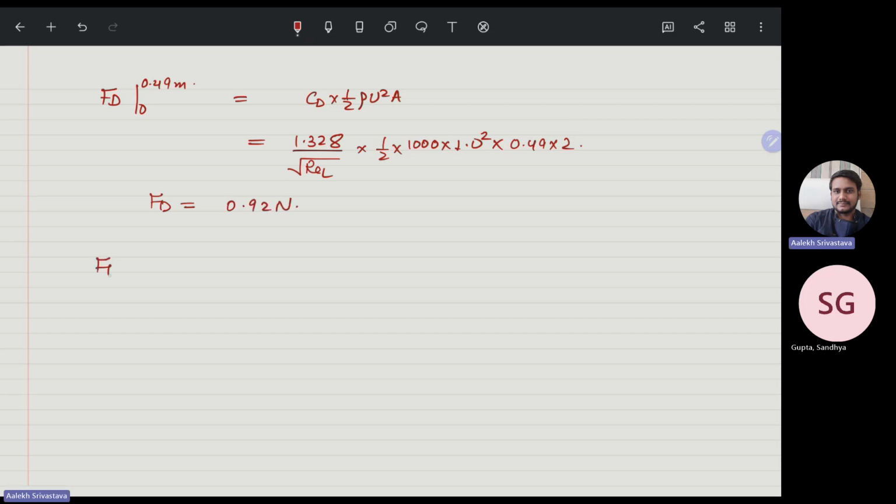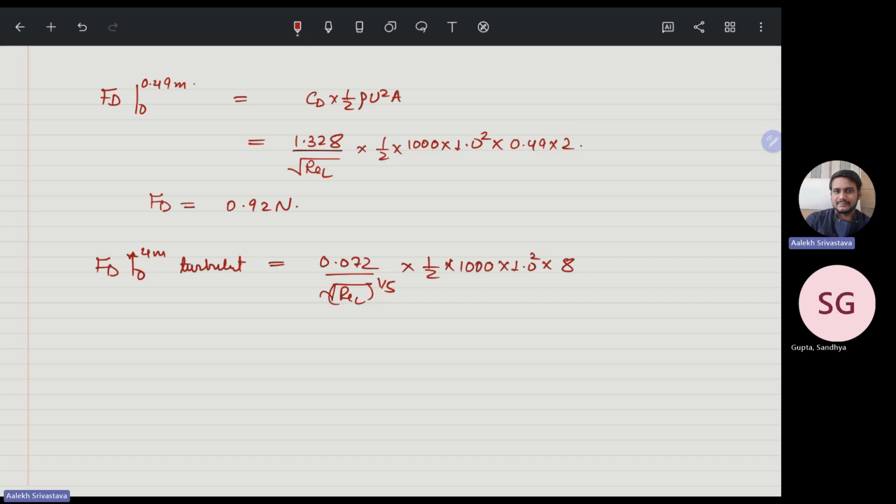Now, what is the drag force from 0 to 4 meter because of turbulence? So we will do CD as 0.072 divided by Re_L raised to the power 1 by 5, into half into 1000 into 1.0 into the complete length, that is 4 into 2.